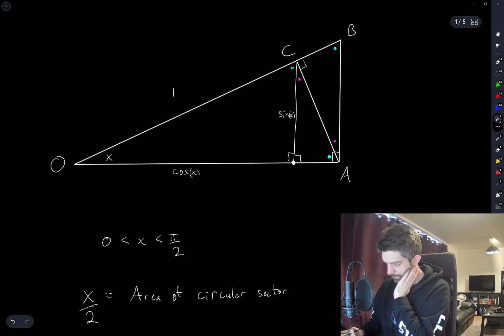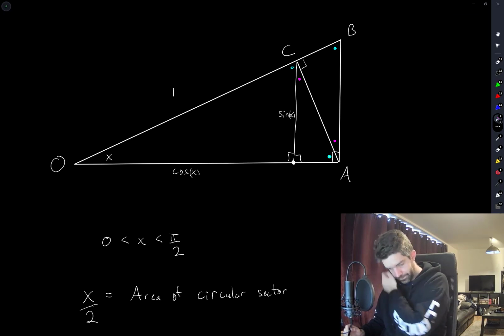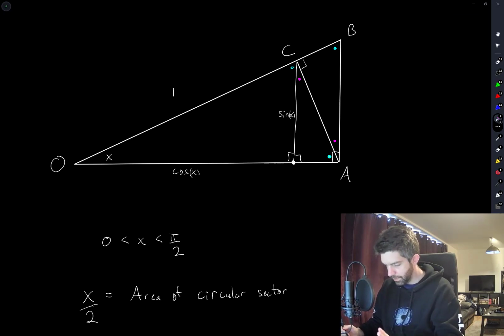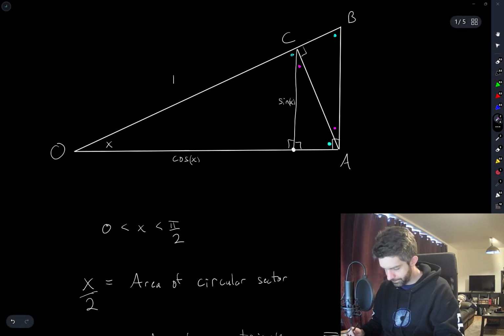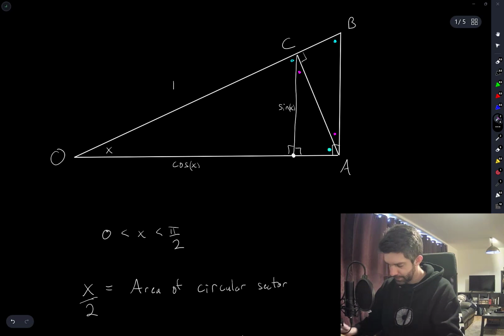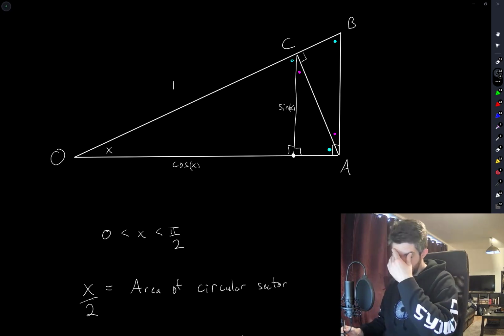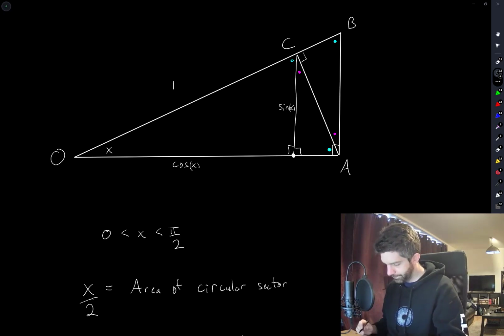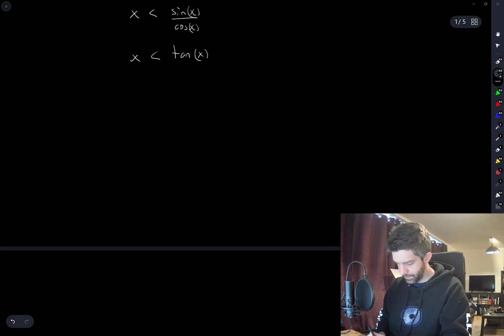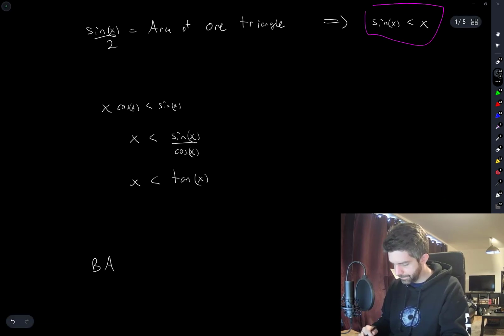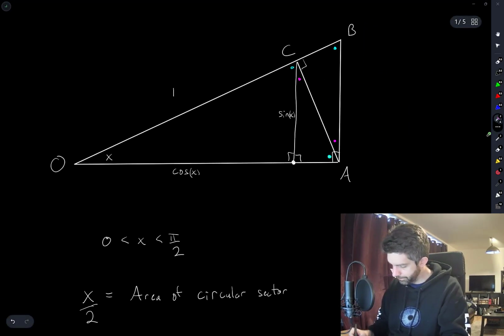So that means that all the triangles here are similar. And BA is the hypotenuse of that triangle.